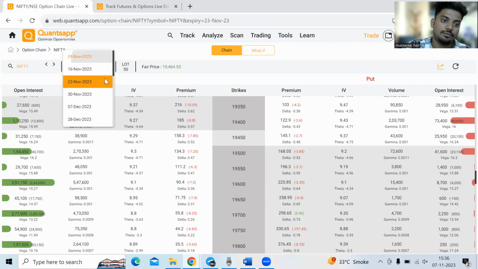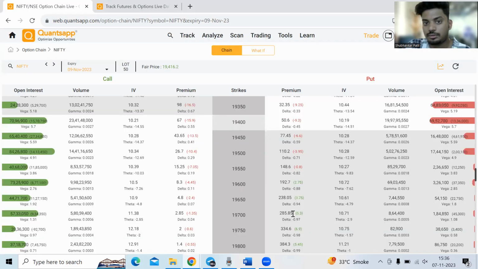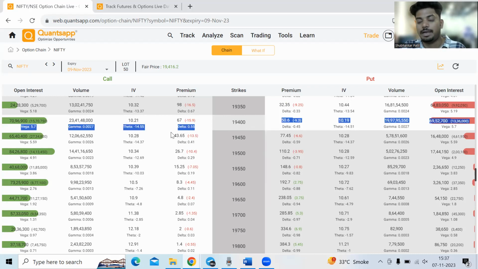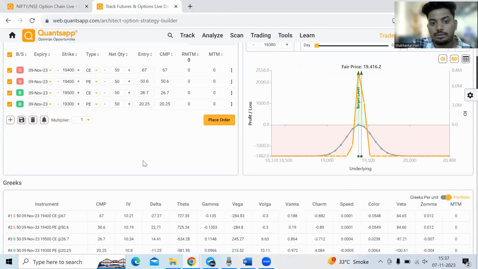Now, what we learn from here is, the closer to expiry we are, the faster the theta decay; the farther from expiry we are, the slower the theta decay. So now we can create a benefit out of this by selling the current expiry and buying the next expiry. Basically I will sell 19,400 of this expiry, and I will buy 19,400 of the next expiry. So what will that create?